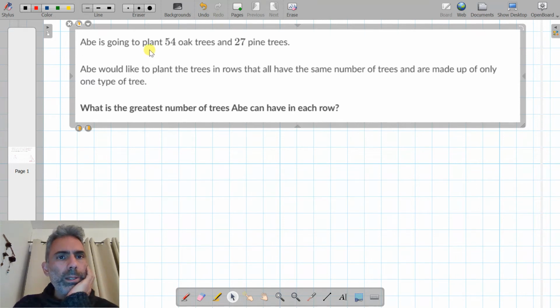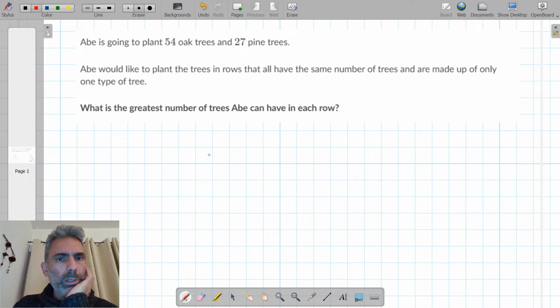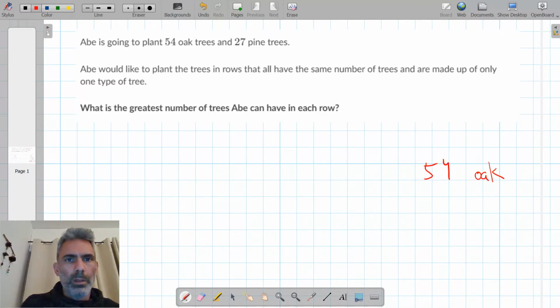Abe is going to plant 54 oak trees and 27 pine trees. Abe would like to plant the trees in rows that all have the same number of trees and are made of only one type of tree. So we have 54 oak trees and 27 pine trees.